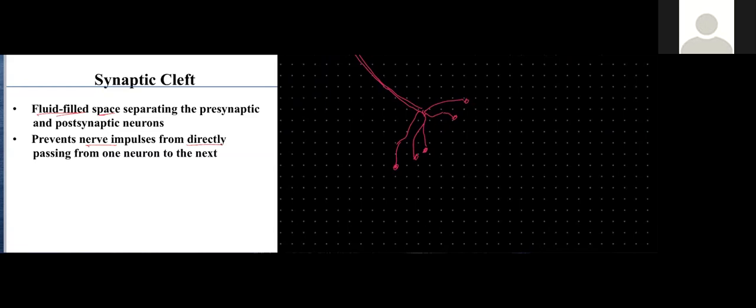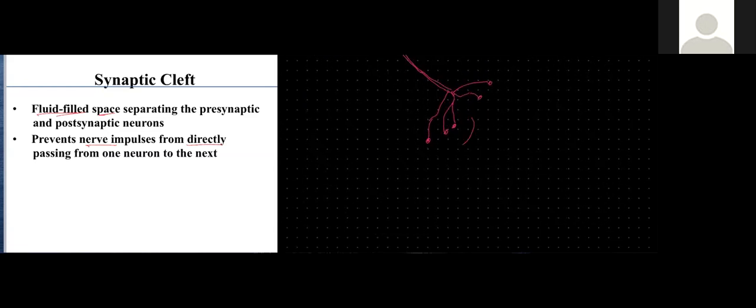So if we're looking here, this is my nerve cell like this. It's connected to another nerve cell. Those are my telodendria. Those are my axon terminals. And I've got another nerve cell waiting to get the signal. This space again is what we call the synaptic cleft.